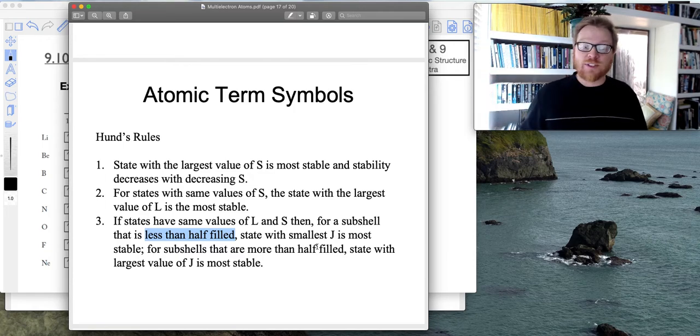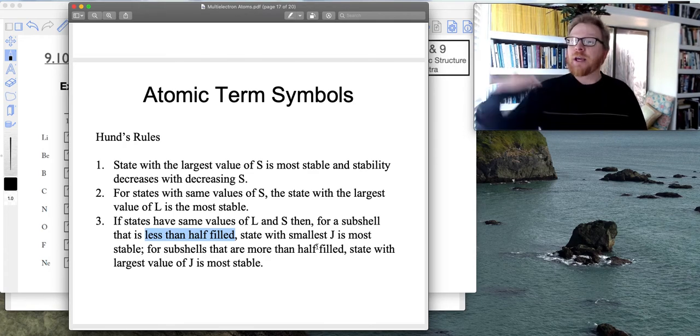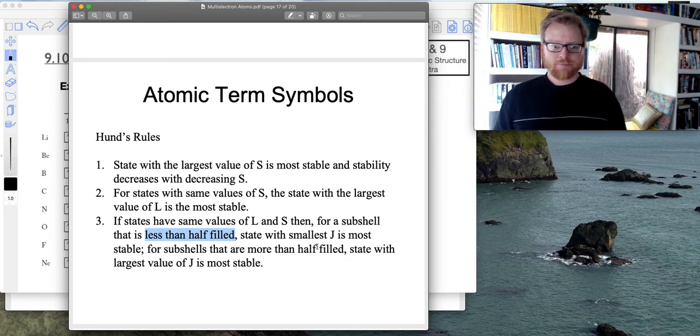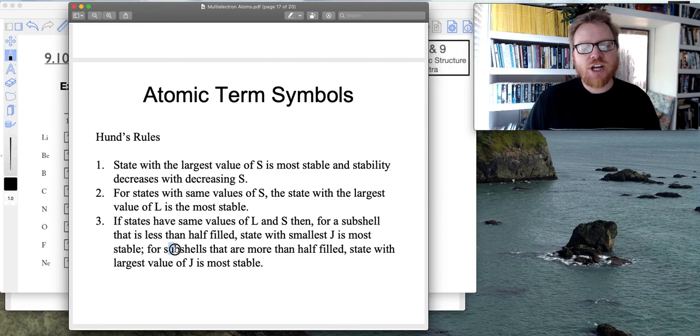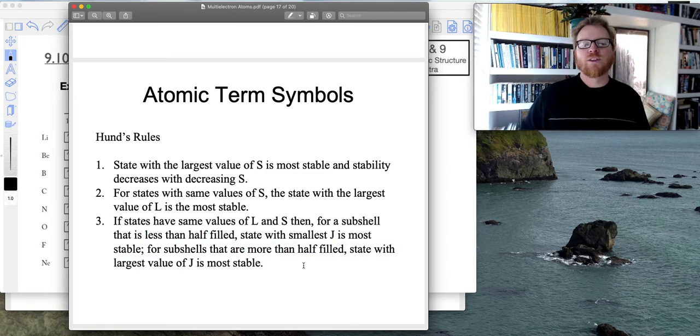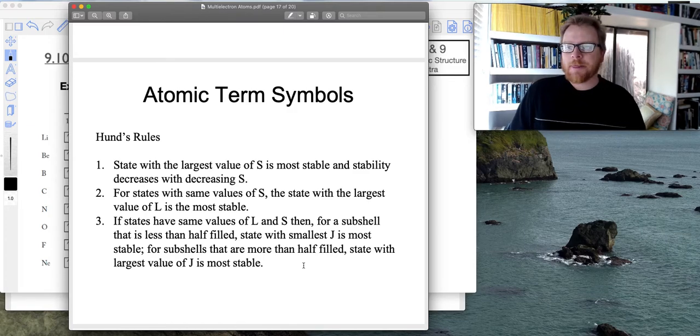And certainly when it goes into the 3p1, it's definitely less than half filled. Well, the J equals 1/2 state for sodium was lower in energy than the J equals 3/2 states, okay? But for subshells that are more than half filled, the state with the largest value of J is the most stable, okay?